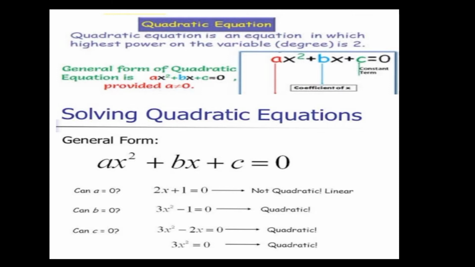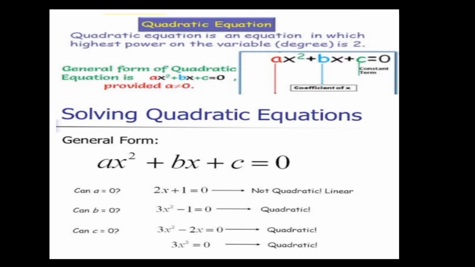Next I'll take b equals 0. If b becomes 0, only the x square coefficient and the constant c will be left over. So I'll take an example as 3x square minus 1 is equal to 0. Here we have 3x square, that means x square is there. So therefore we can say it's a quadratic equation. Next I'll take c equals 0.